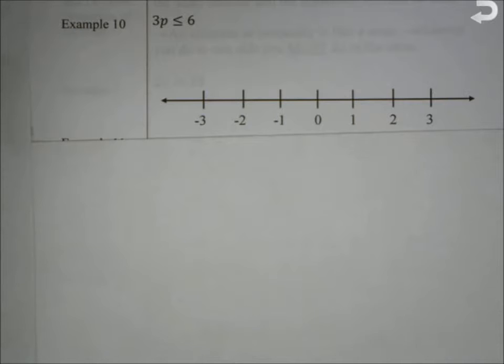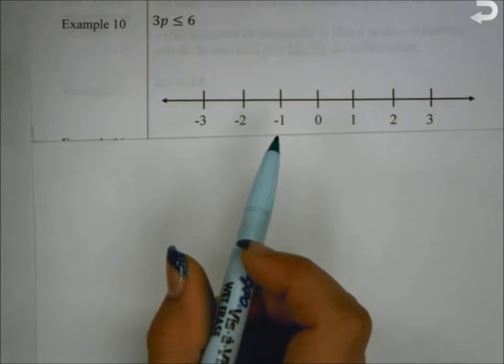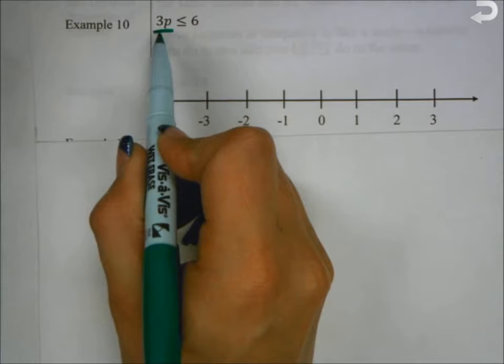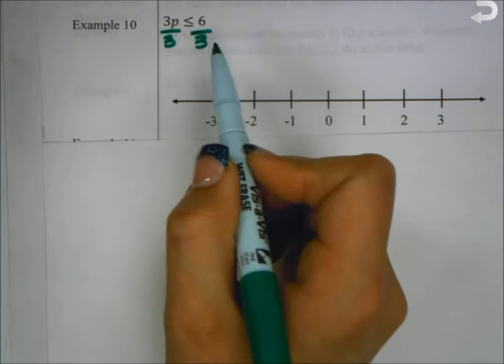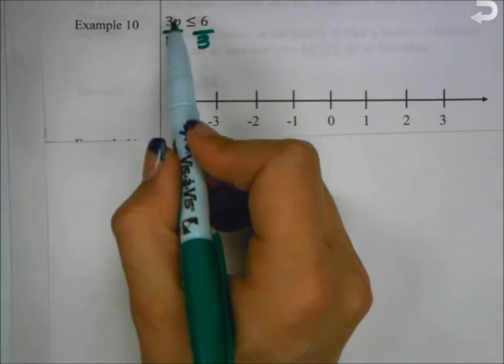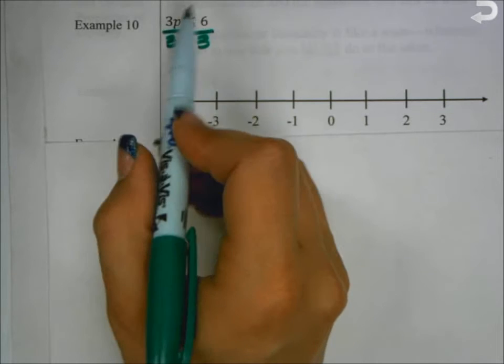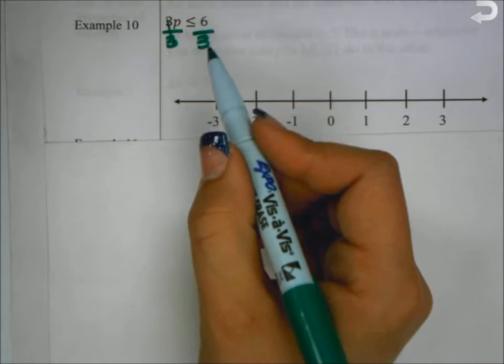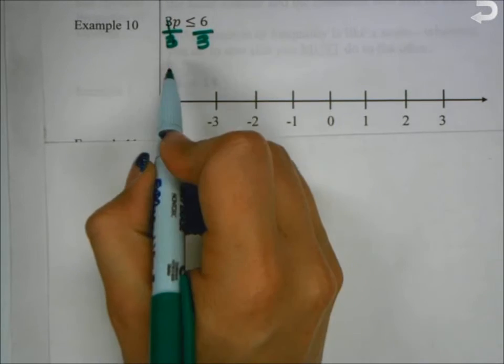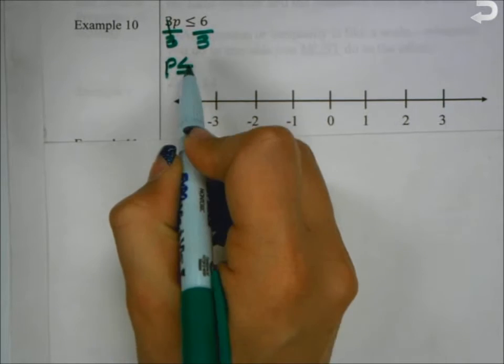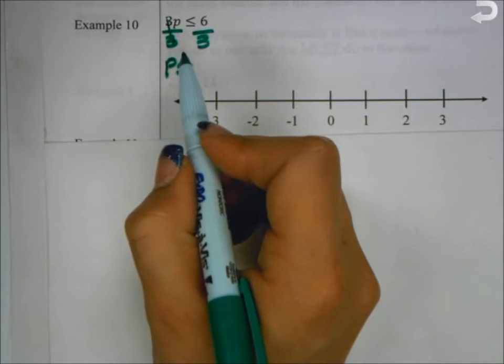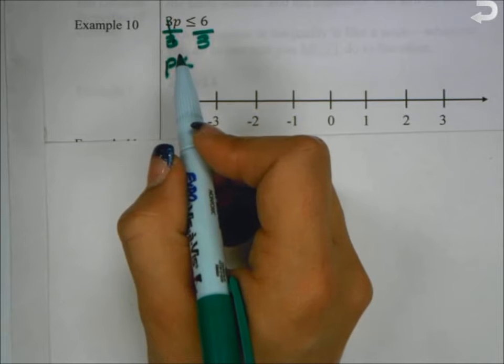Exactly. I divide both sides by 3. You said it perfectly. 3 divided by 3, everyone, what does that give me? 1. So everyone, what is on the left-hand side? P. Less than or equal to what? Steven. P less than or equal to what? 6 divided by 3 is? 2.